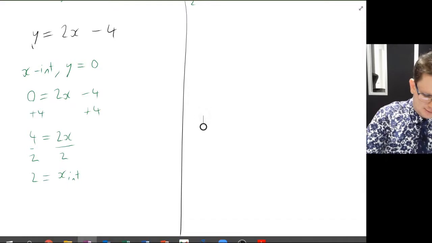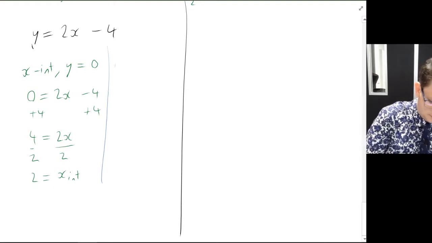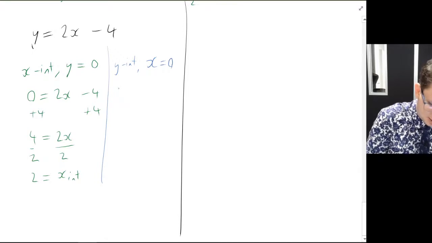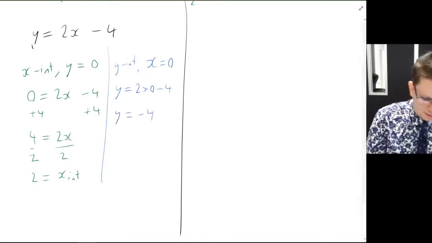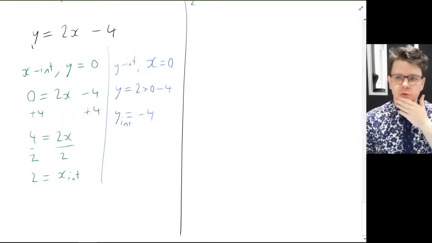My y-intercept, on the other hand, is when x equals 0, sorry. So that means we're going to get y is equal to 2 times 0 minus 4, and that's going to be minus 4. So my y-intercept is minus 4, and my x-intercept is 2.